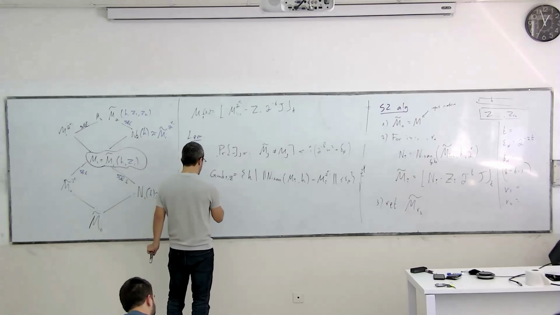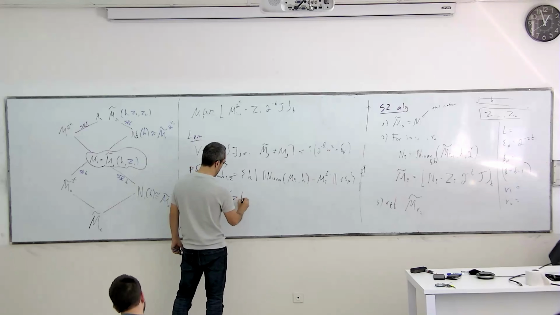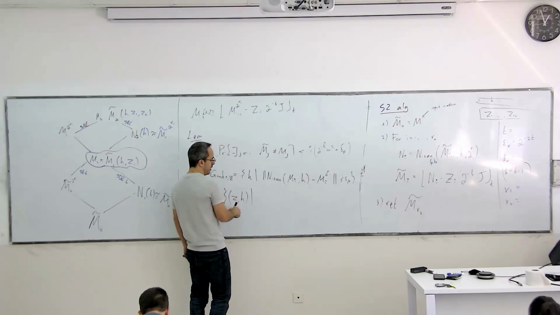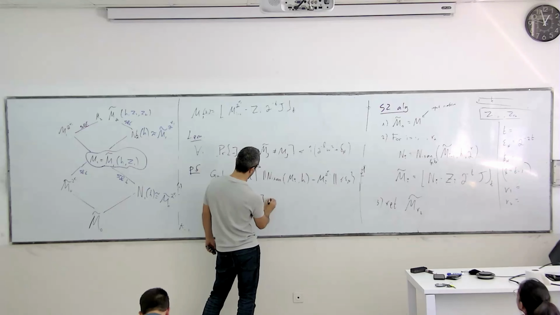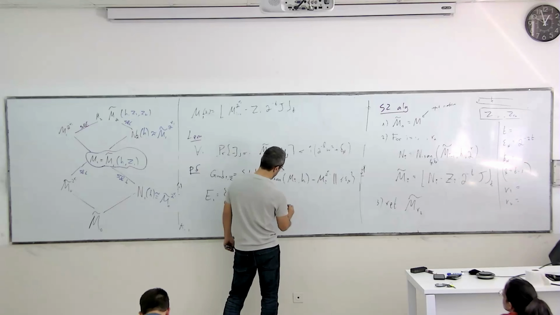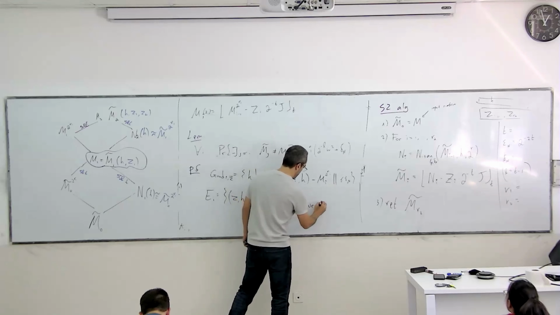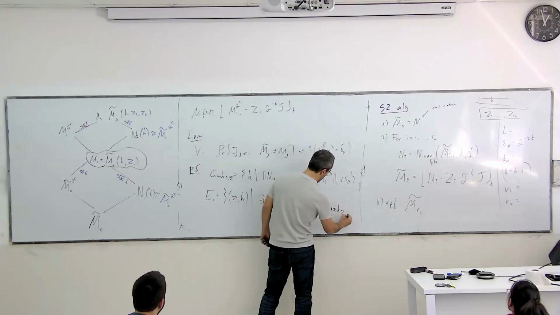And let's define E_i to be all the problems in the world. All of the (z, h) such that either there exists a j smaller than i such that m_j tilde is not equal to m_j, or h is not in good_{i-1}(z).